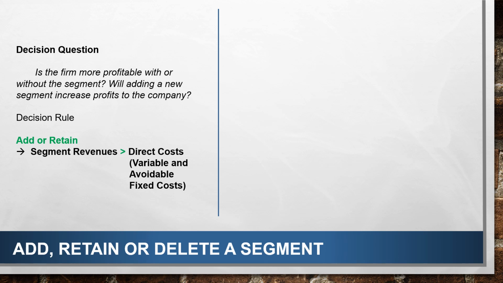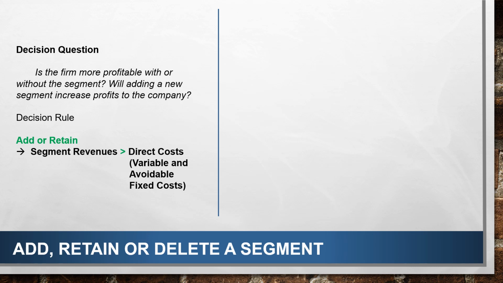Ultimately, a decision to drop an old segment or add a new one is going to hinge primarily on the impact that the decision will have on the net operating income. So you can do here the total approach or just the differential approach.